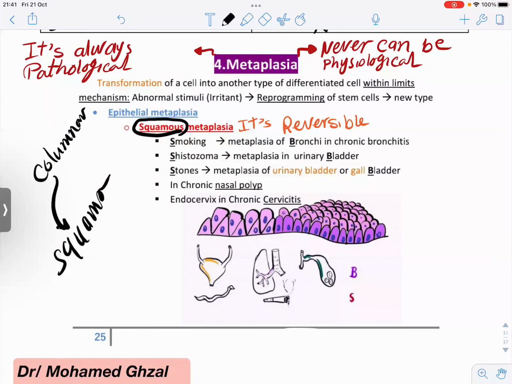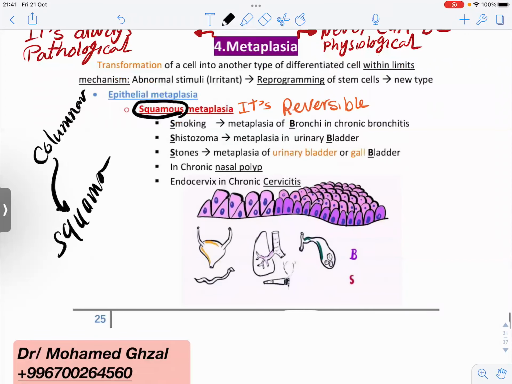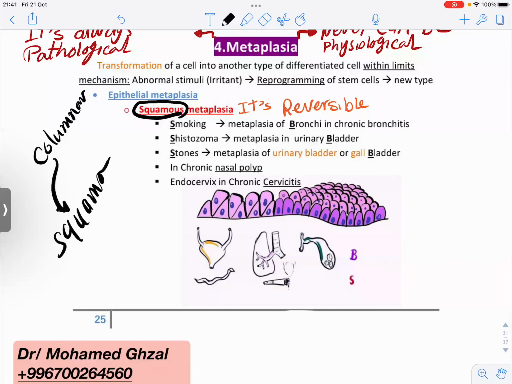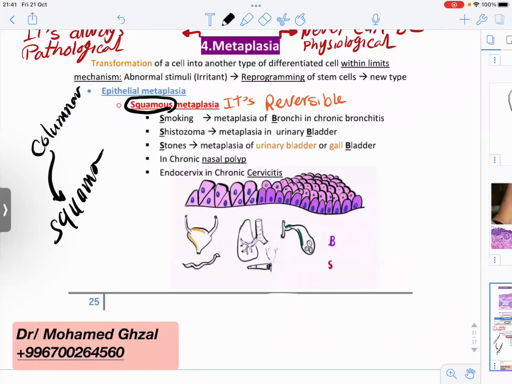So squamous is the newly formed tissue. Examples of squamous metaplasia: 3S with 3B. You can remember it with 3S and 3B. The first S is smoking.